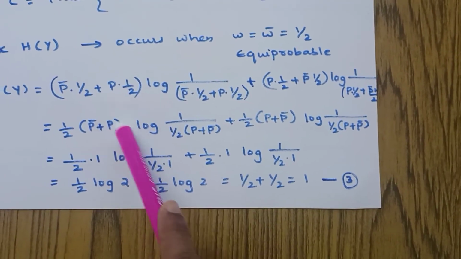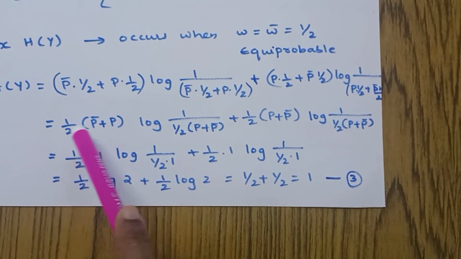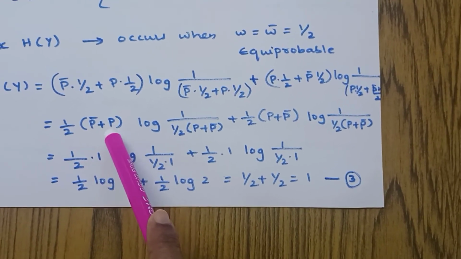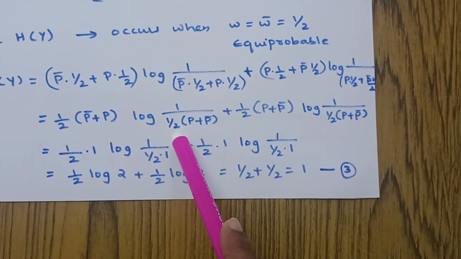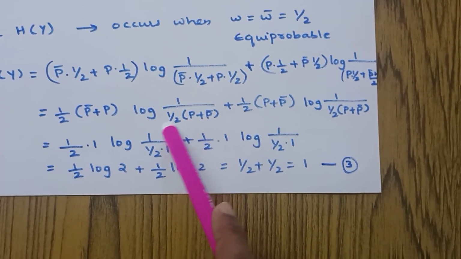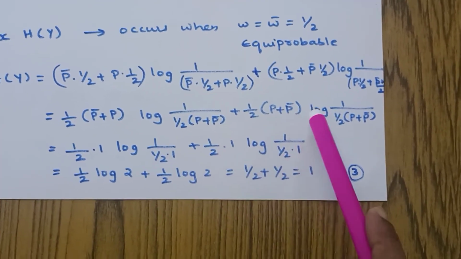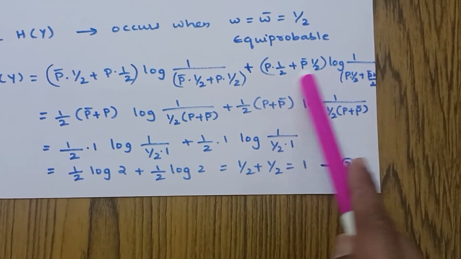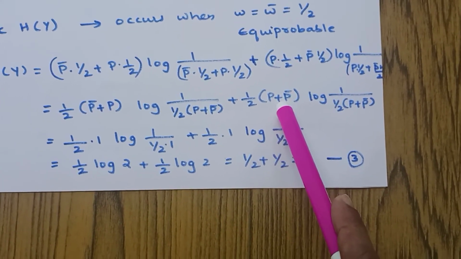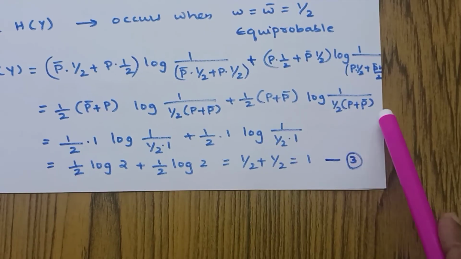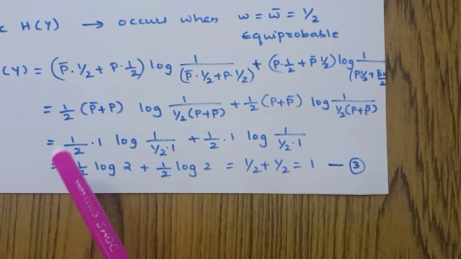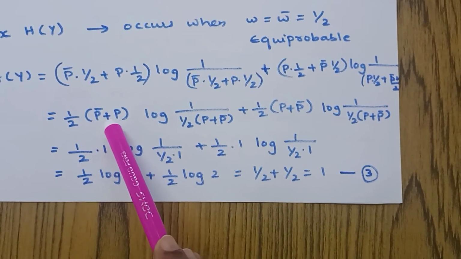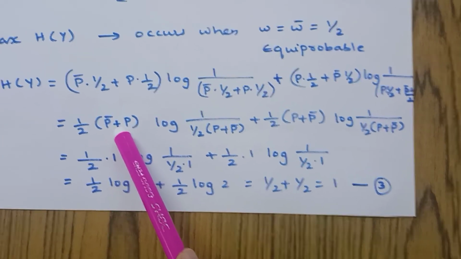Half is common here. Let it be outside. 1 by 2 into P bar plus P, log of 1 by half of P plus P bar, plus half of P plus P bar log 1 by half of P plus P bar. What is P plus P bar? It is the total probability, that is equal to 1.